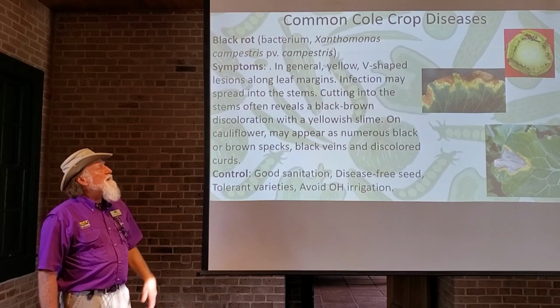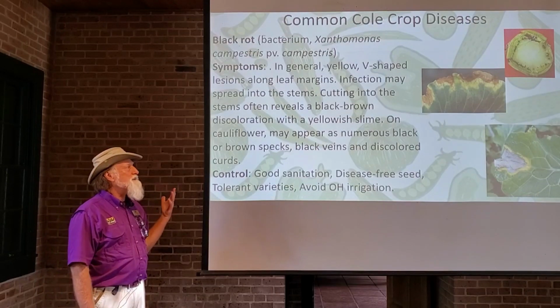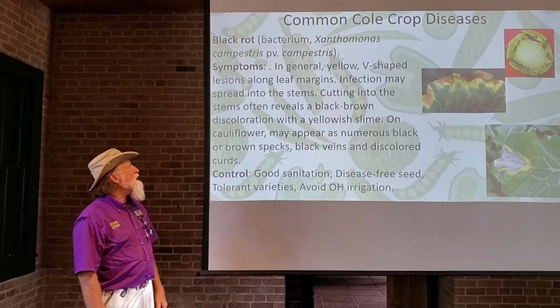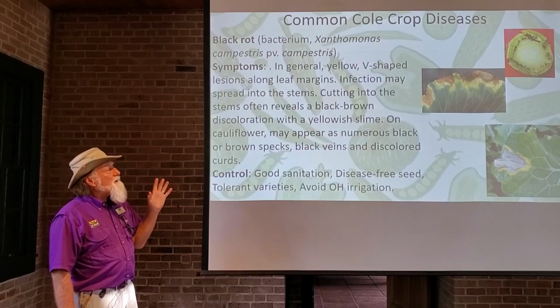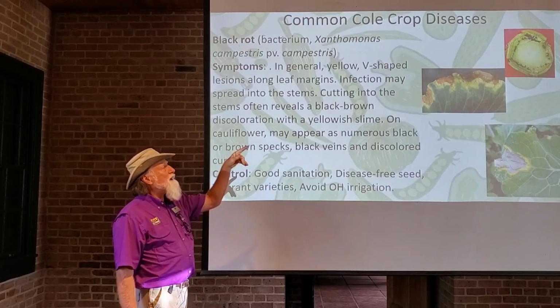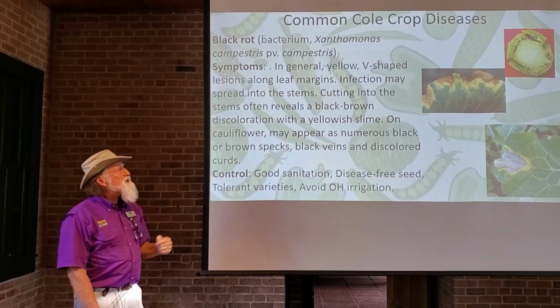Black rot is one that we see a lot actually in our area, and it's a bacterial disease caused by Xanthomonas campestris. And the pattern is very symptomatic and emblematic of what black rot looks like, that you'll see right here. It's usually V-shaped lesions.